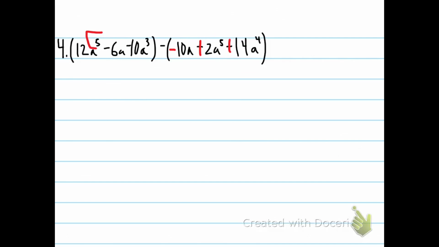So this has a 5 and this has a 5, so I'm going to combine these. So I get a 14a to the 5th, then cross that out, and then see if there's a 4 exponent, and there is, and there's nothing else to combine with it, so just write that down.